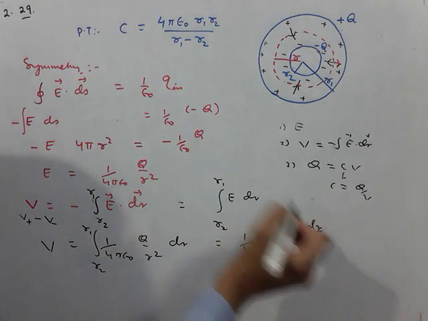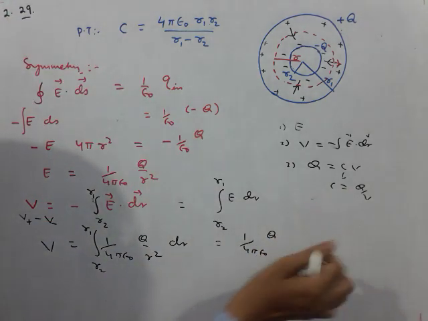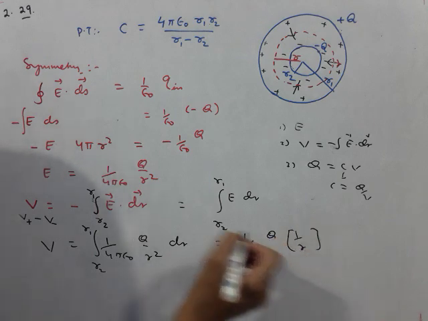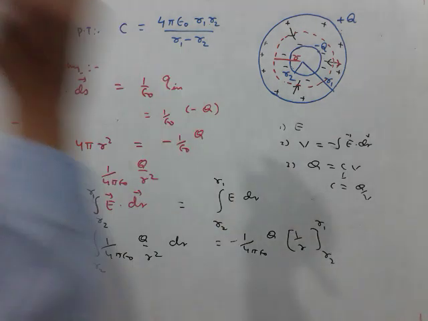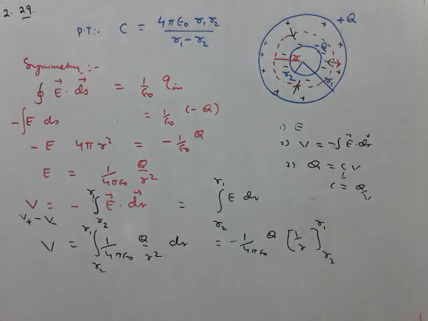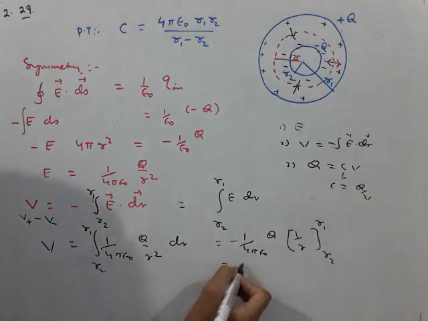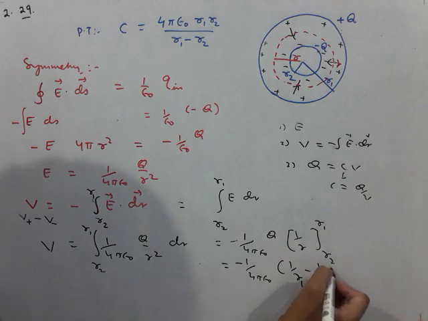Now what is integration dr by r square? That is minus 1 by r. So we'll put minus here and here 1 by r. And what will be the limits? Limits will be from R2 to R1. So put the value. This becomes 1 by 4 pi epsilon naught with a negative sign, and then here we have 1 by R1 minus 1 by R2.